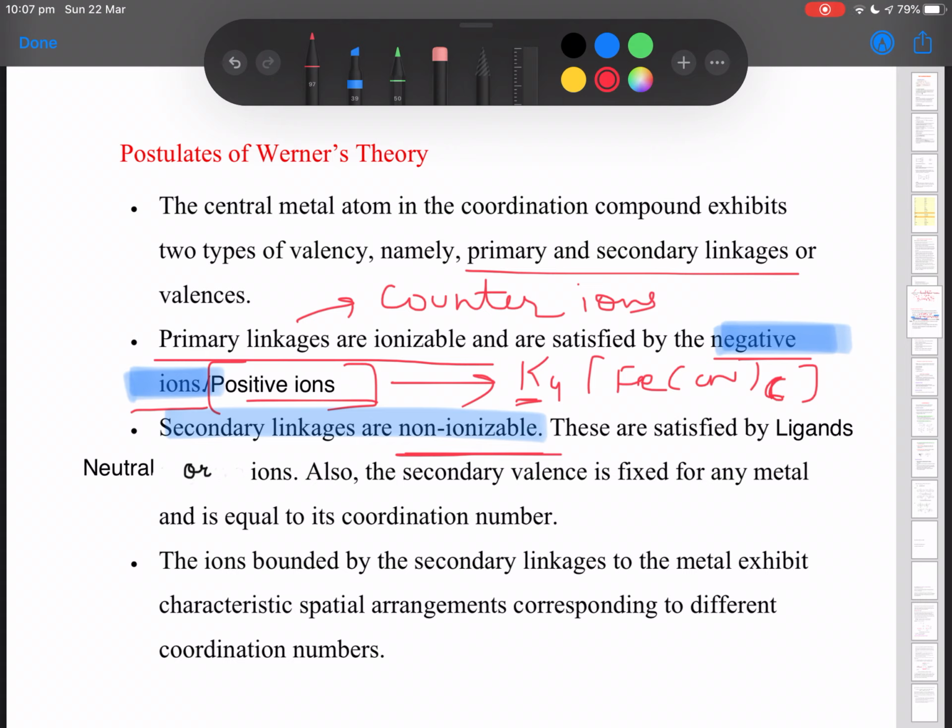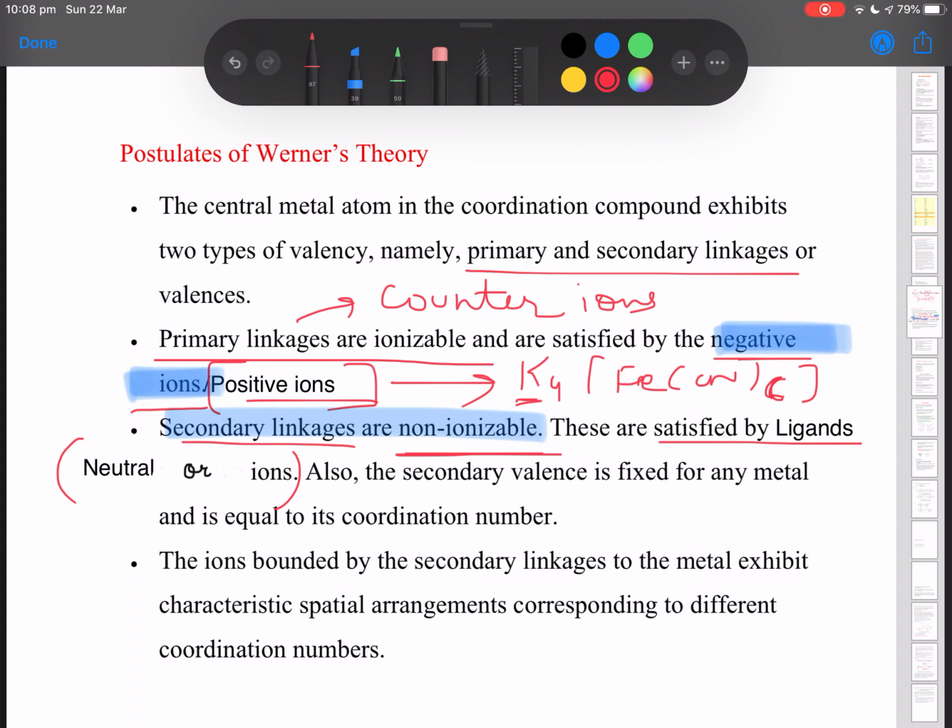So this point is to be noted down. And a very important point, those which I have already discussed before, all secondary linkages are basically your ligands. And ligands we know could be neutral or ions. Ions means it could be positive or negative, that means cationic or anionic, or it could be neutral as well.